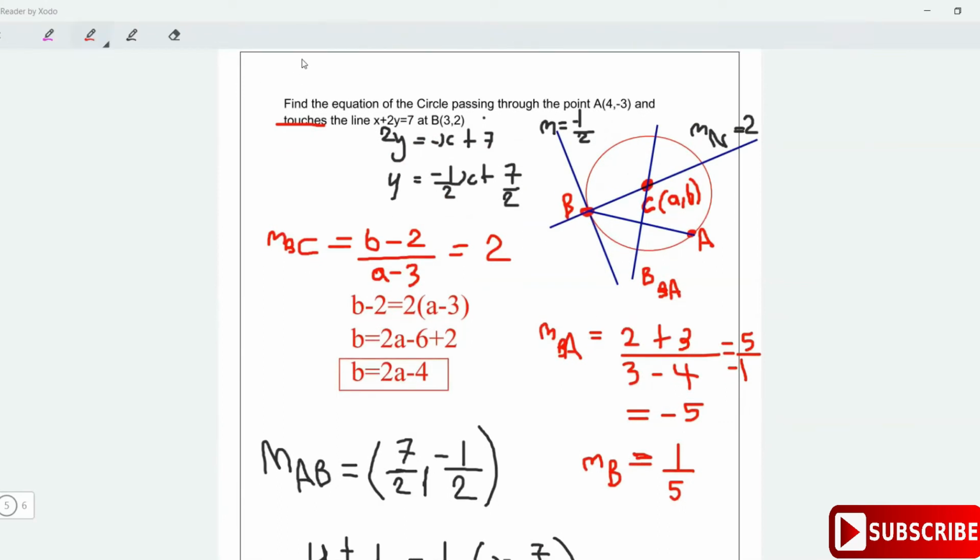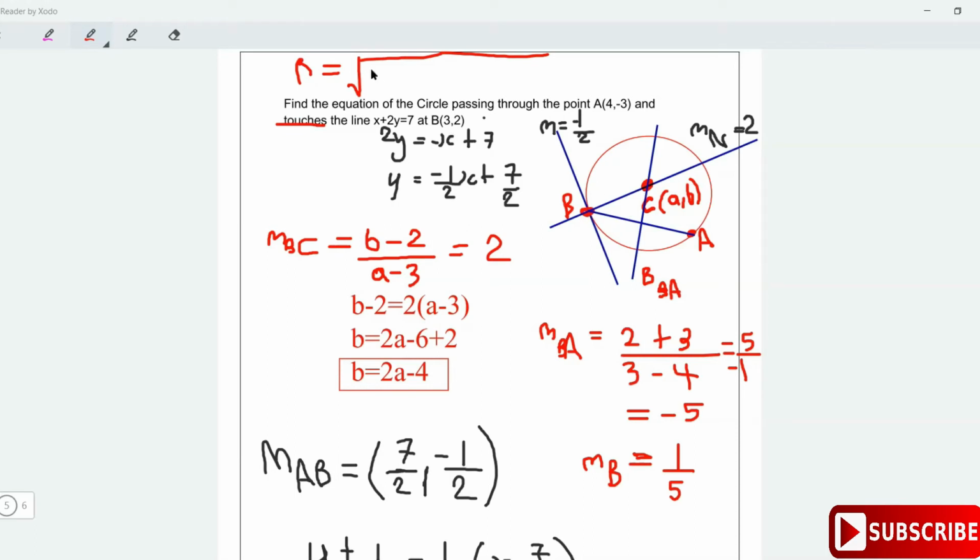So the radius is going to be the distance from b to the center. So the radius is equal to the square root of x2 minus x1.